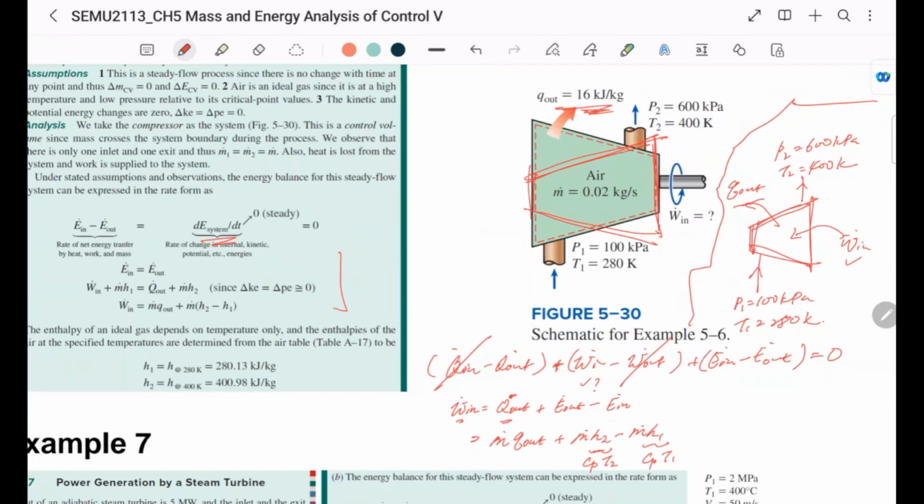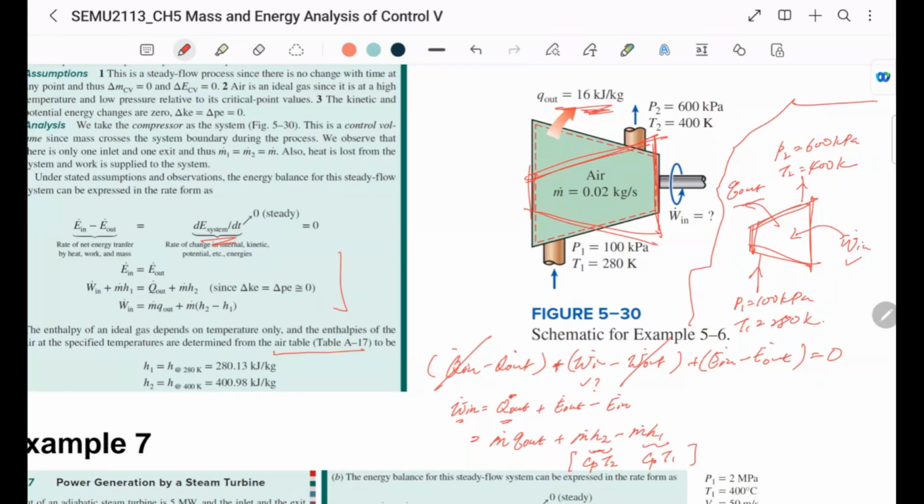But if you see, the solution here is still looking at the property table for air. So you can do that as well. Just because it's an ideal gas, there's still a thermodynamic table which you can refer to. Alternatively, you can approximate using the ideal gas equation because you are treating it as an ideal gas.